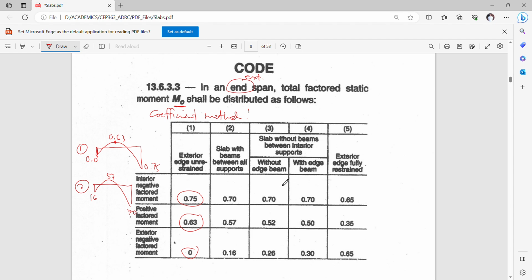Then without edge beam and with edge beams, there's a slight change, but a very small change in your positive and exterior negative moments. And for exterior, which is edge fully restrained, you will notice that this is the same as an interior support. Okay, this is a fixed scenario. Okay, fully restrained. So the moment diagram is just 65, 35, 65. 65%, 35%, and 65%. Okay, so that's how it is distributed.